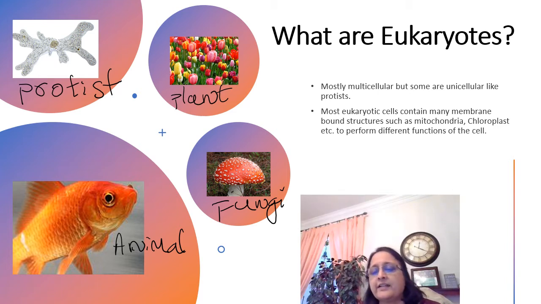Most of these cells contain membrane-bound structures within the cell, such as mitochondria, chloroplasts, and endoplasmic reticulum, to perform different functions of the cell. Plants, animals, fungi, and protists come under this category.